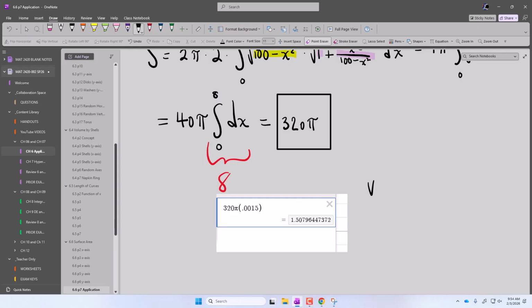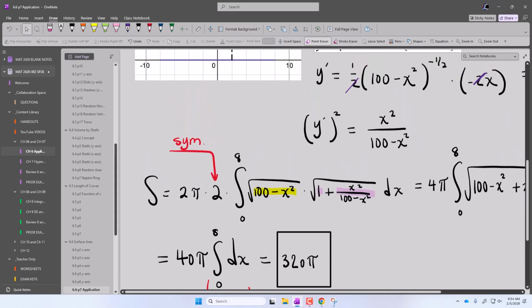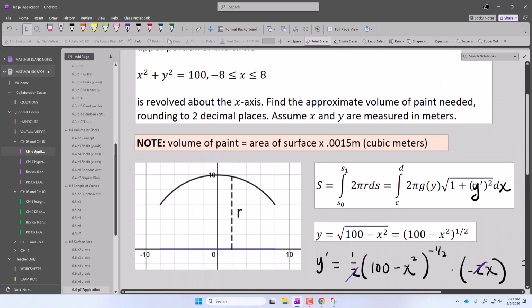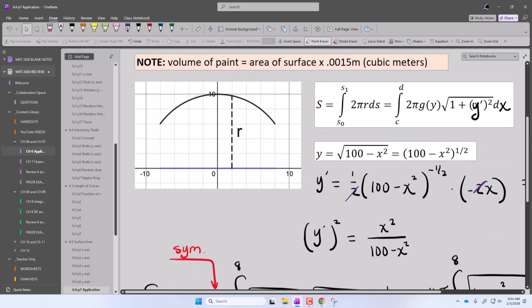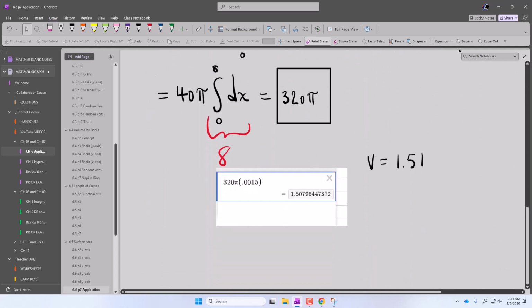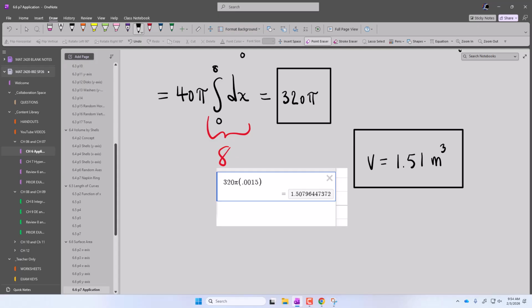So the volume of paint will be 1.51. Were we dealing with meters? Yeah, we converted the 0.0015 to meters, so cubic meters. So in this case, they do give us units. Most math problems we don't. We just skip out on the units. But here we have them, so we include them.